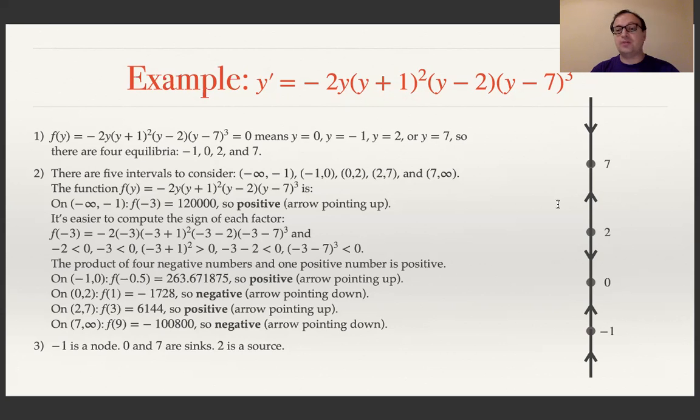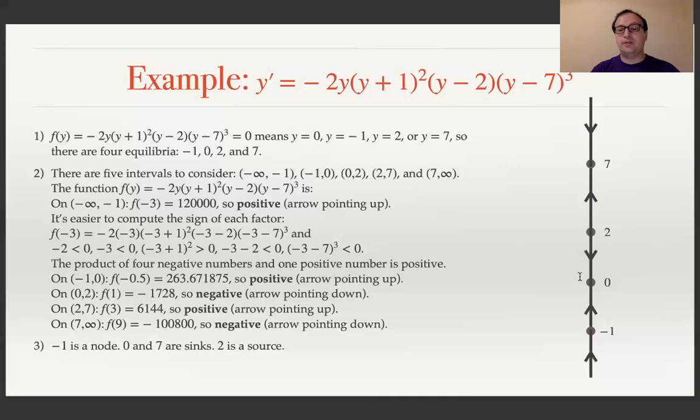So 5 is a number between 2 and 7. Well, from the phase diagram, we see that there's an upward arrow on the interval 2, 7. So this means that a solution whose initial value is 5 will be increasing and will asymptotically approach 7 as time goes to plus infinity.